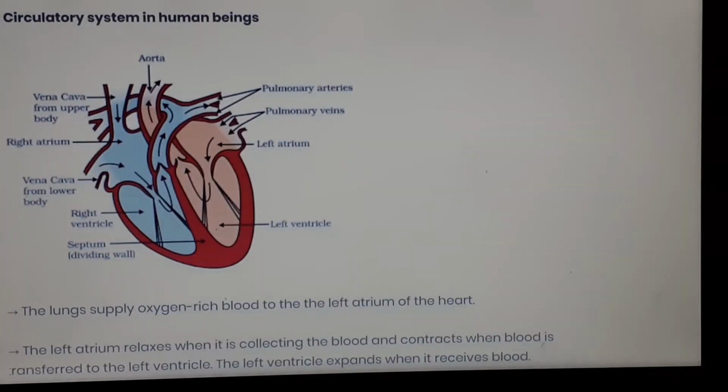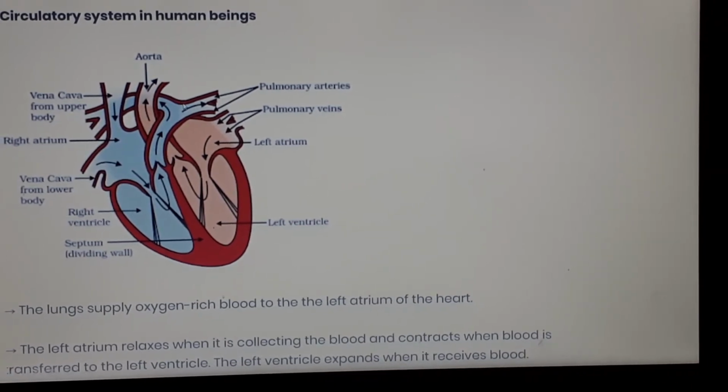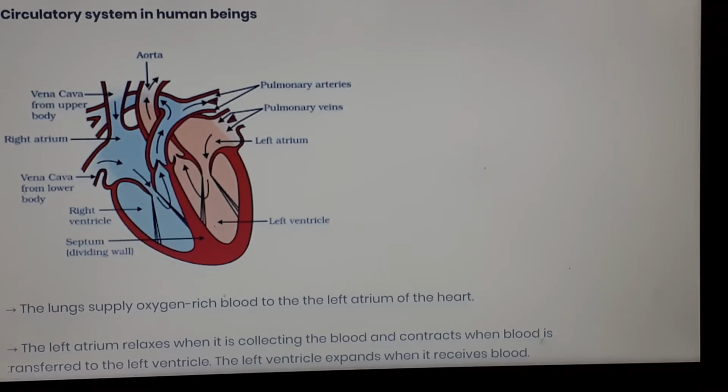Next one, the circulatory system in human beings. We already studied that the shape or size of the heart is like our fist, as big as our fist. Next one, see here, this heart has 4 chambers.